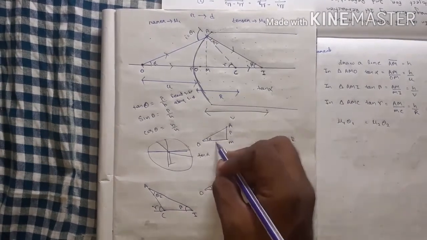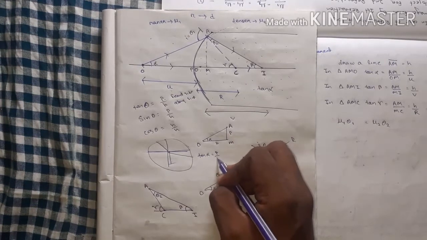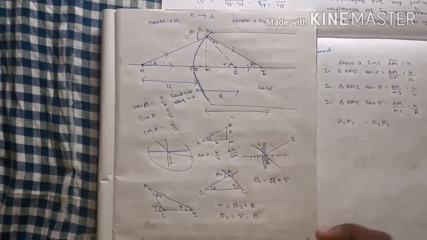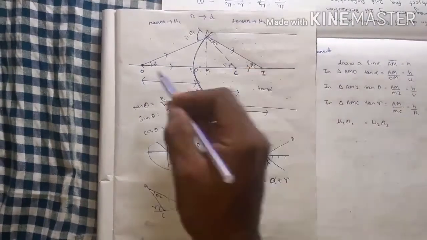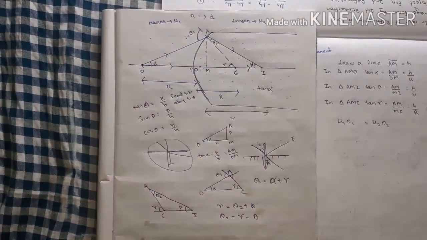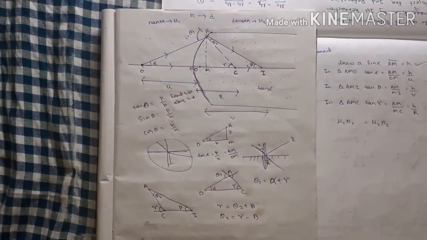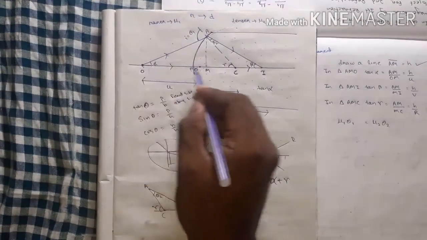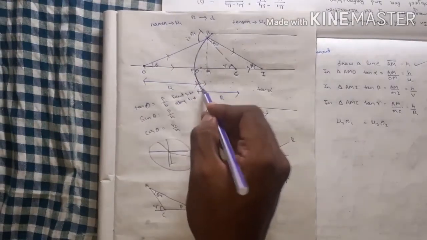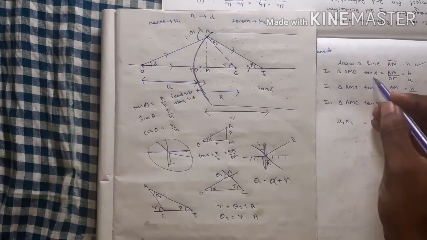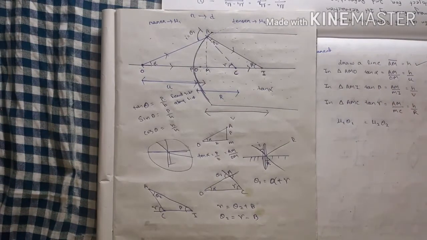It is P by B, that means AM by OM. Consider this height AM equal to h, and we know OM is the object distance u, then tan alpha equal to h by u.